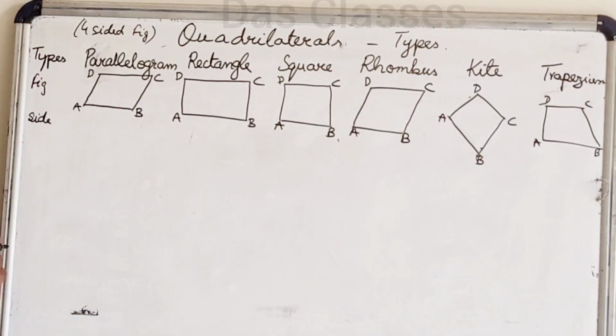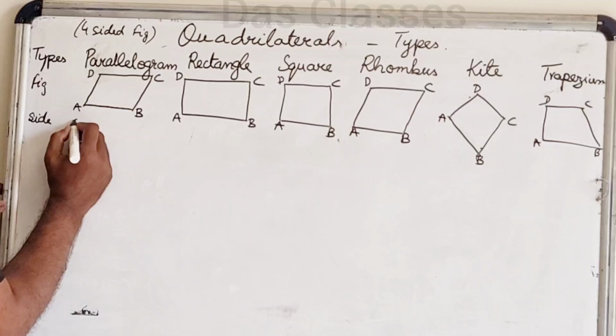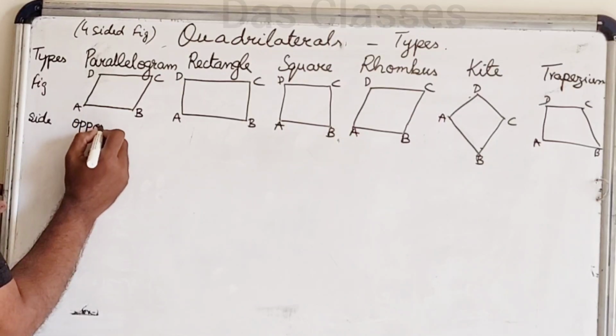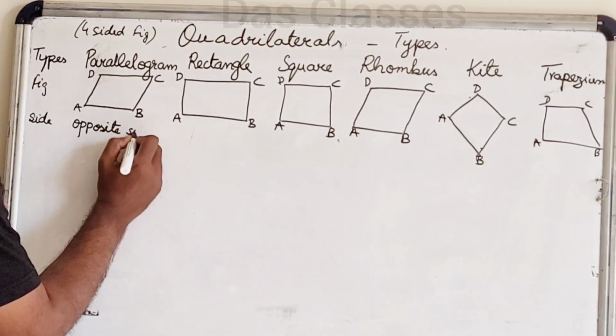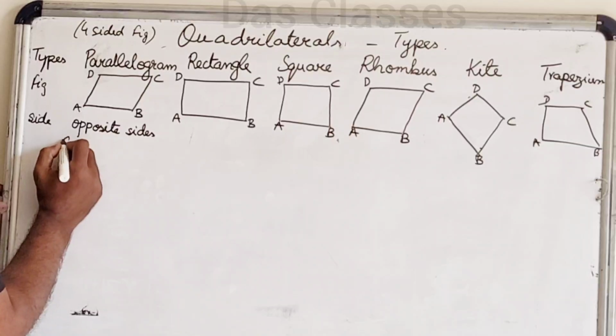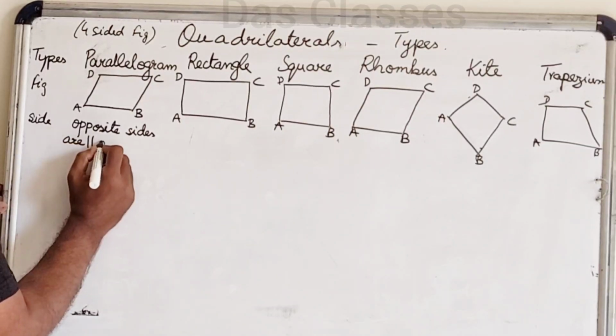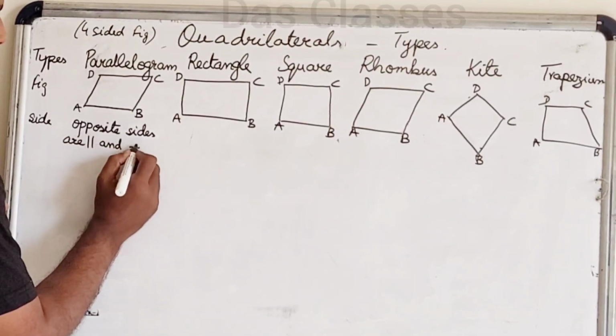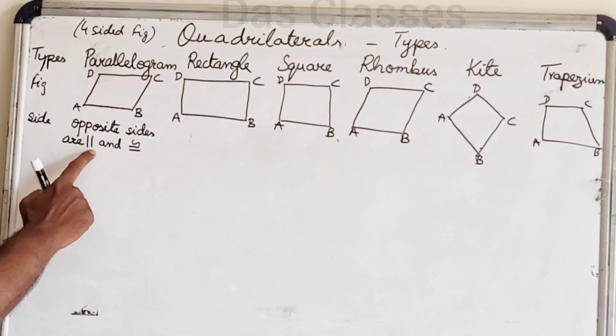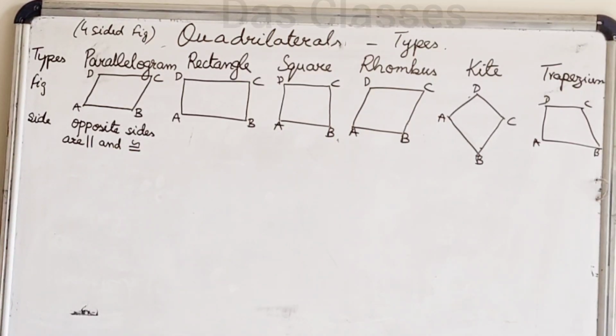In case of parallelogram, the opposite sides are parallel and congruent. Parallel sign is this, congruent sign is this.